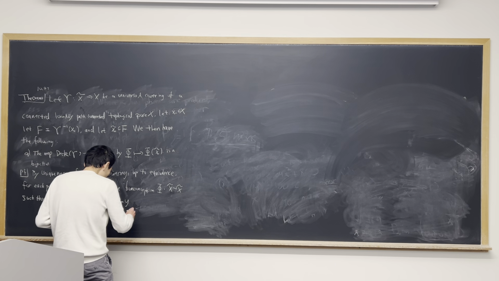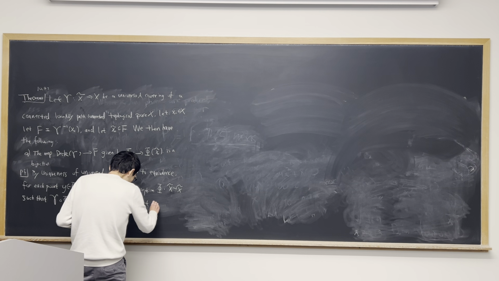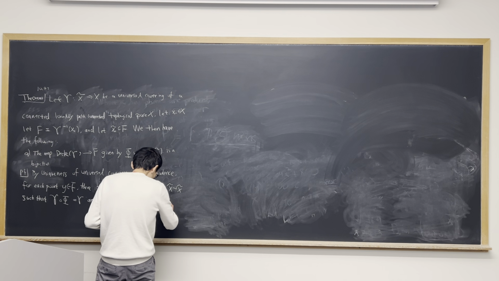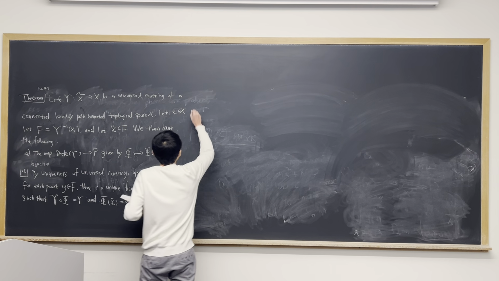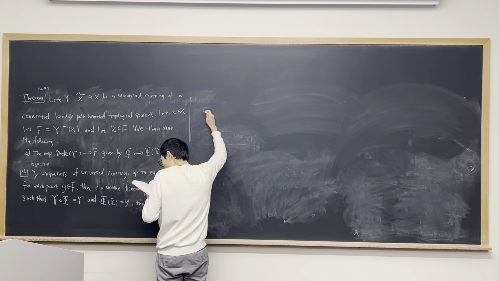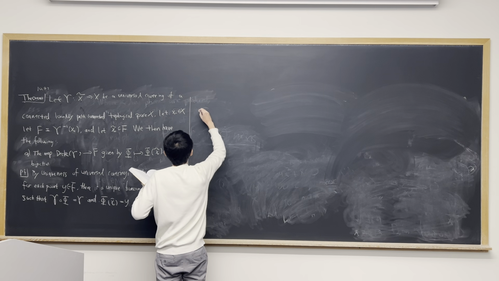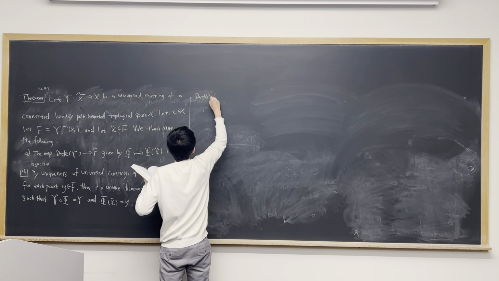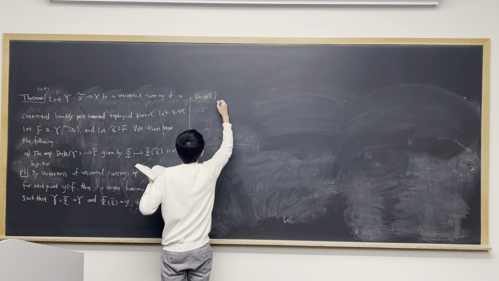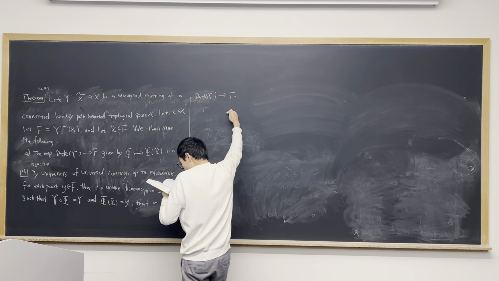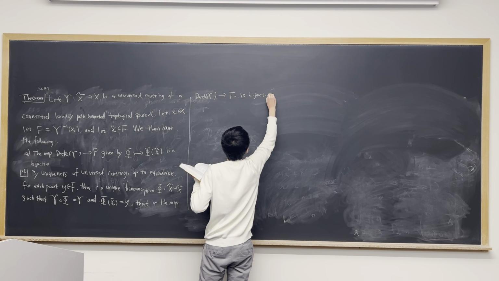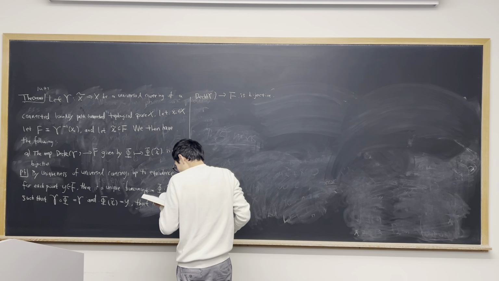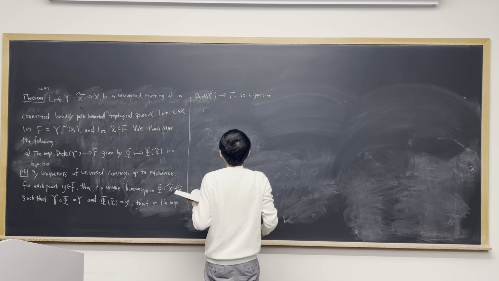That is, the map Deck of gamma to F is bijective. So thus A is proved.